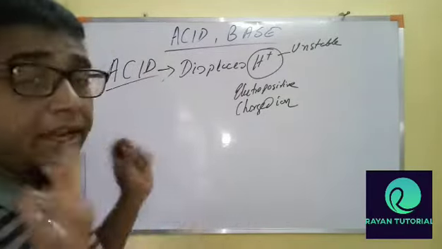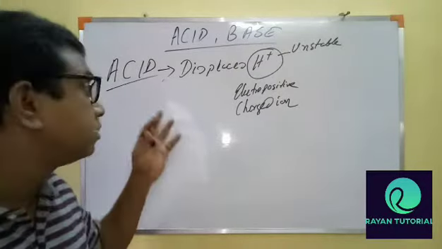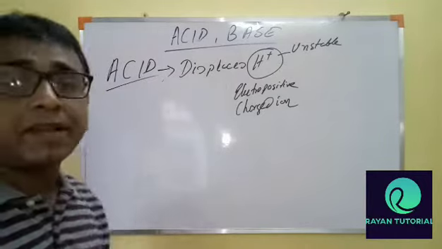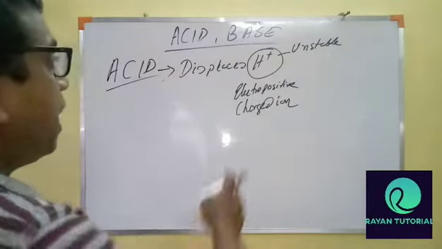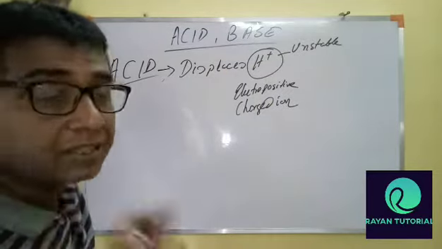And this acid is always in aqueous solution. So whenever you mix water with acid, that means an aqueous solution, it will displace the hydrogen ion. Now this hydrogen ion, as I told you, is very unstable.